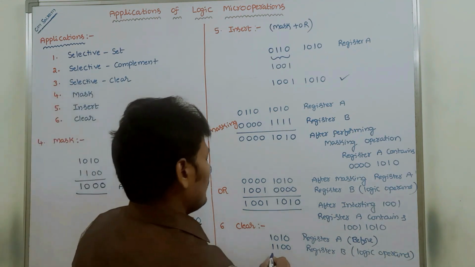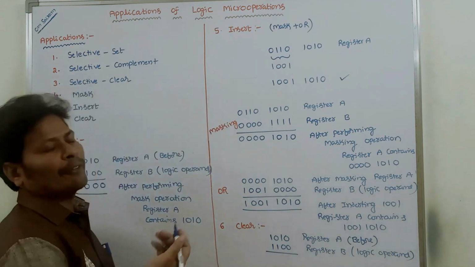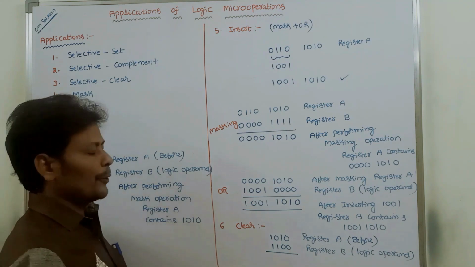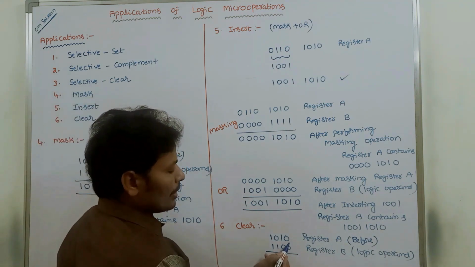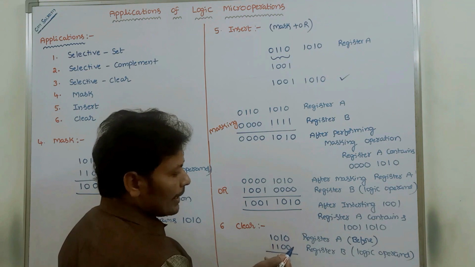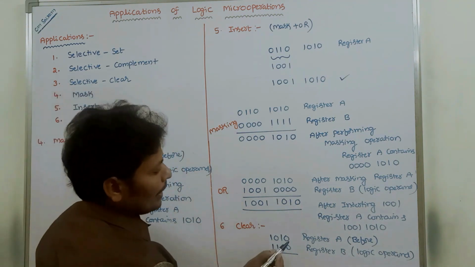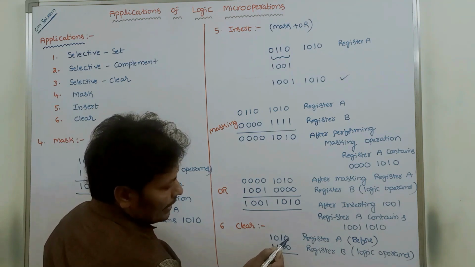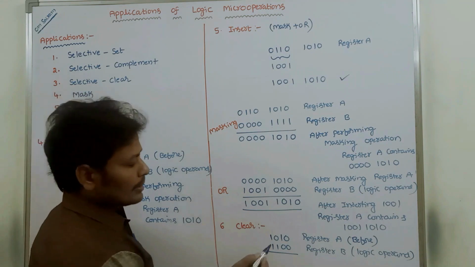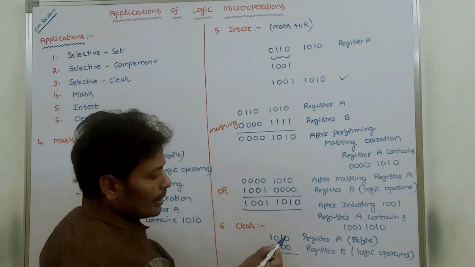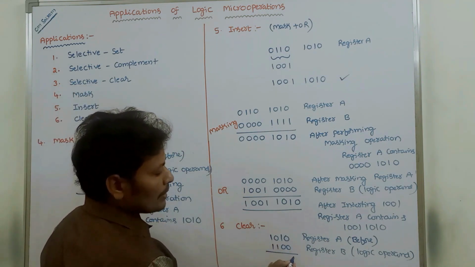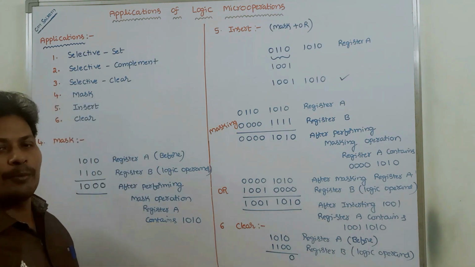Now, how to perform the clear operation? To perform the clear operation, the corresponding bits in register A and register B are compared. Okay, here register A contains 0 bit, register B contains 0 bit. The corresponding bits are compared. If both bits are same, then we have to put 0 value.